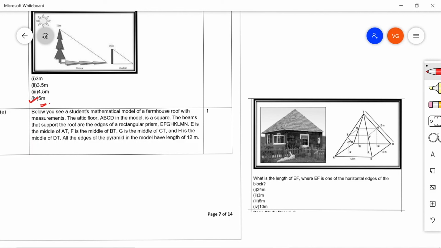See here carefully, this is edge EF, which is parallel to AB, and you are given the sides. All the sides here are 12 meters, that is the slant edges as well as these base edges. Now they are asking you to find out EF, and also given E and F are the midpoints of AT and BT.